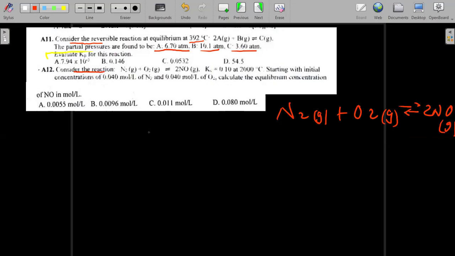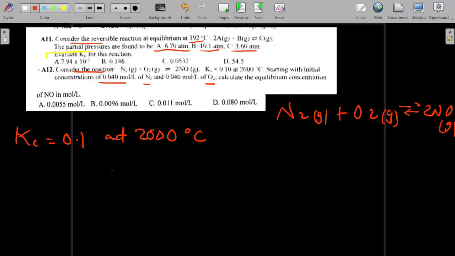They're saying the Kc value, which is the equilibrium constant in terms of the concentrations, is equal to 0.1 at 2000 degrees Celsius. Starting with the initial concentrations of 0.04 for nitrogen and 0.04 for oxygen, calculate the equilibrium concentrations.